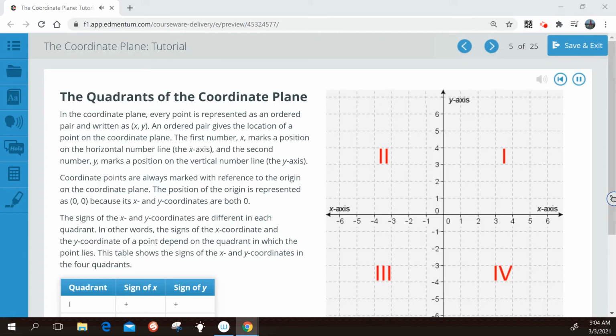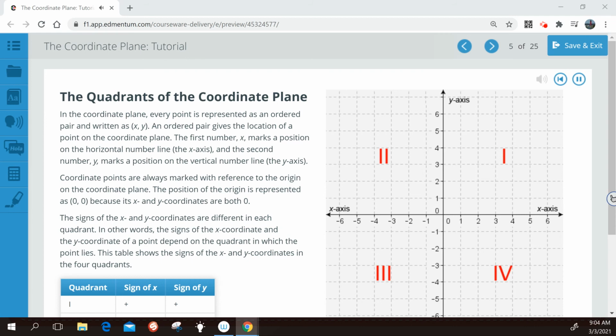The first number, x, marks a position on the horizontal number line, the x-axis. And the second number, y, marks a position on the vertical number line, the y-axis. Coordinate points are always marked with reference to the origin on the coordinate plane. The position of the origin is represented as (0, 0), because its x and y coordinates are both 0.